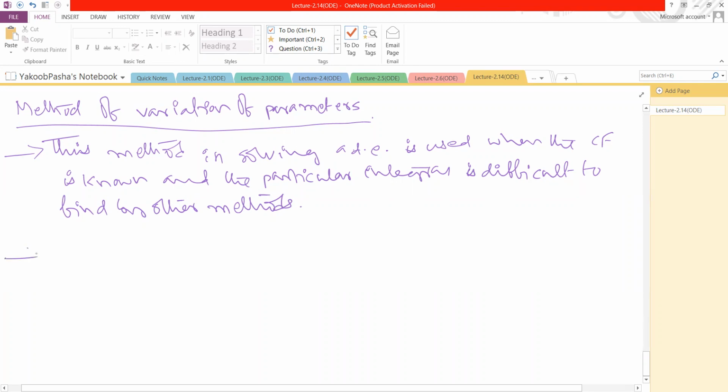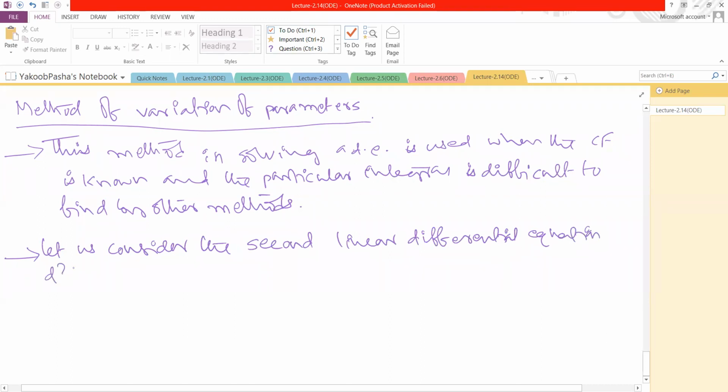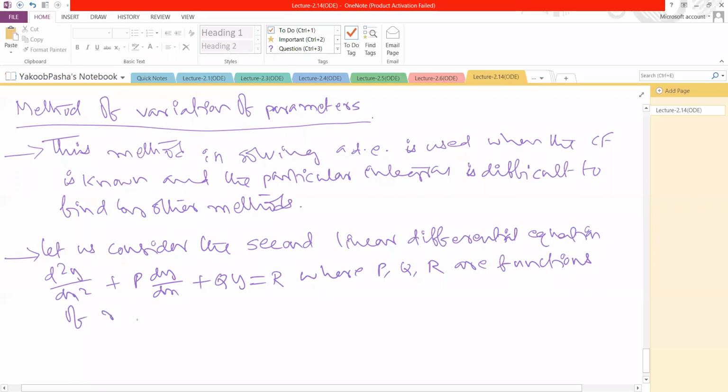Okay, for this method let us consider the second order linear differential equation d square y by dx square plus p into dy by dx plus q into y is equal to r, where p, q, r are functions of x, or sometimes they are constants.